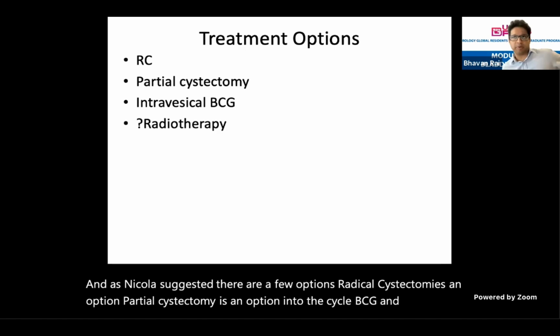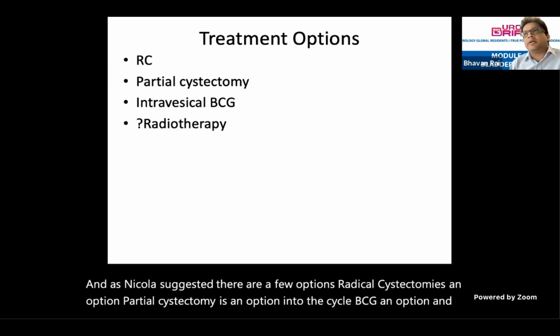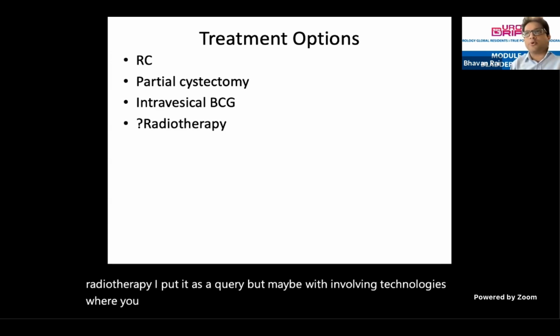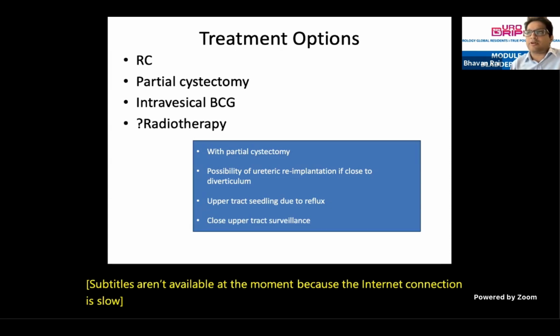Maybe with evolving technologies. As Nick has suggested, I think this really depends on patient factors. There's a lot to be taken into consideration before a final decision is made. And if a partial cystectomy is considered, particularly if the ureteric orifice is close to the diverticulum, there is a possibility of ureteric reimplantation, and that being the case, you do have concerns with reflux as a consequence.